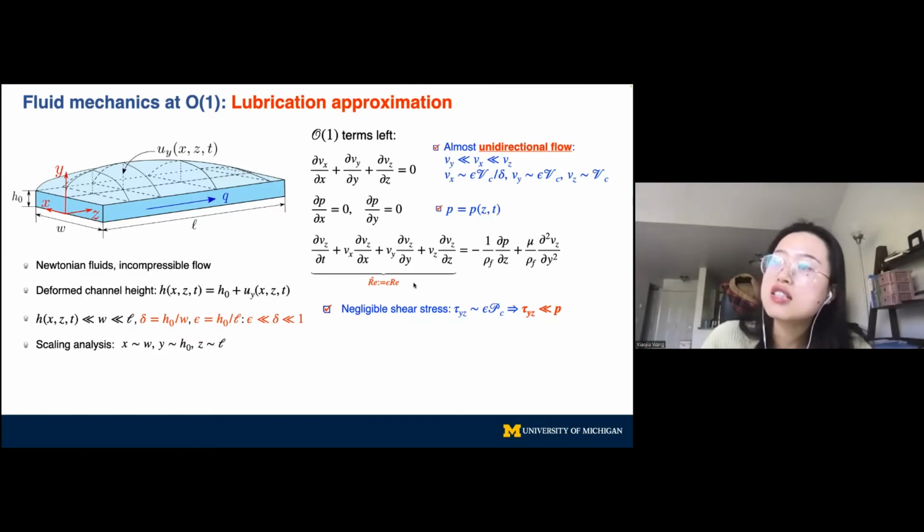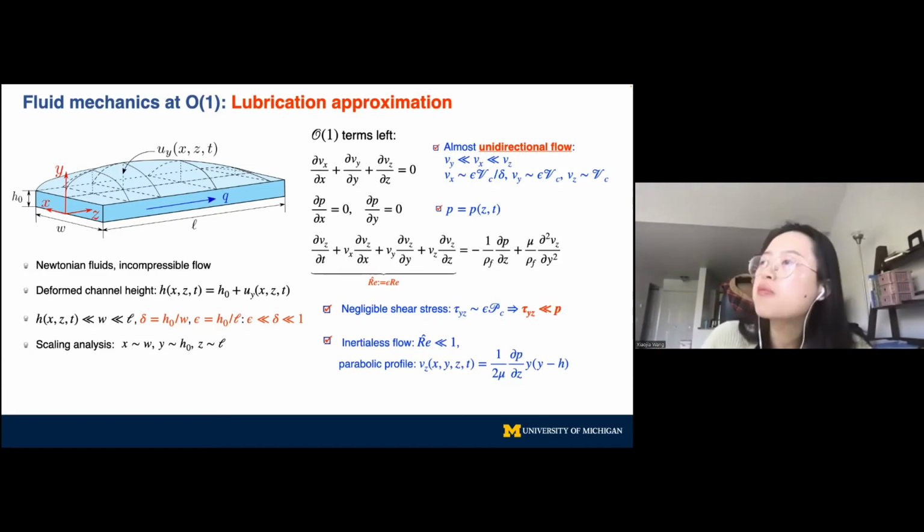It has a scaling as the reduced Reynolds number, which can be written as the small aspect ratio epsilon times the regular Reynolds number. If the reduced Reynolds number is much smaller than 1, we can neglect the fluid inertia, and then we say we are in the inertialess flow regime, and the Z momentum equation can be integrated directly to give you a parabolic velocity profile along the deformed height.